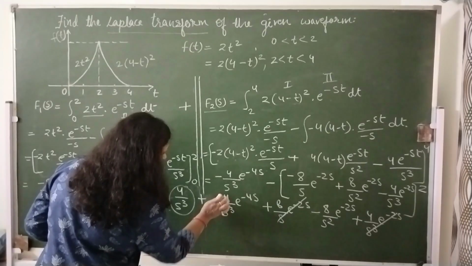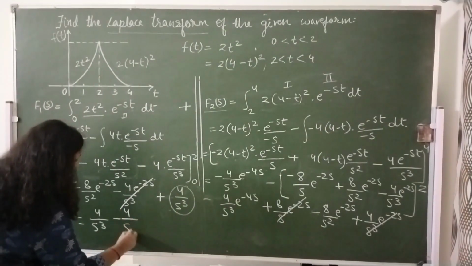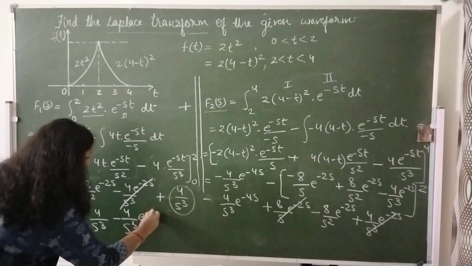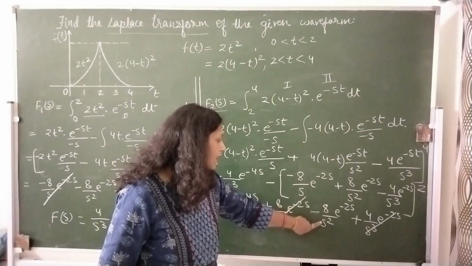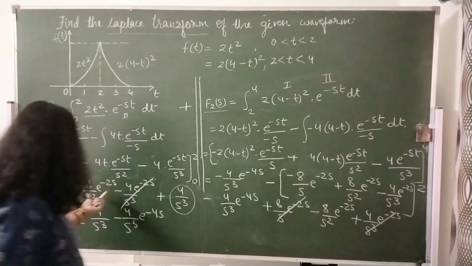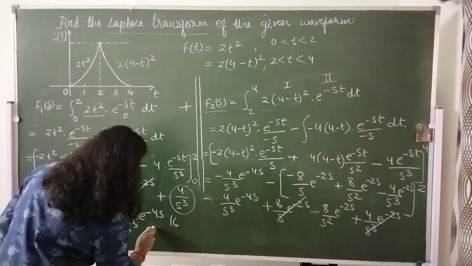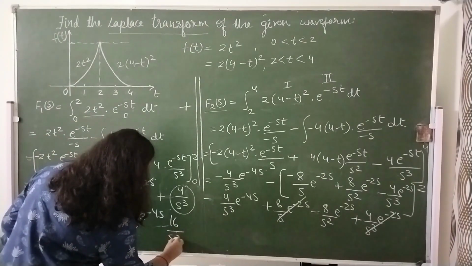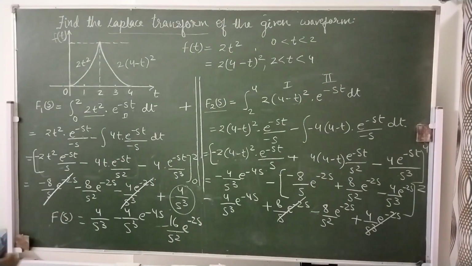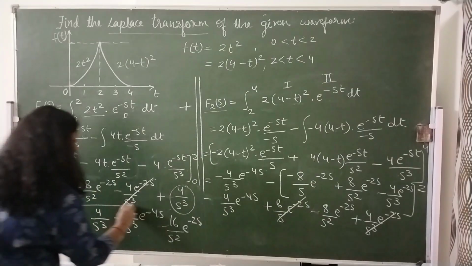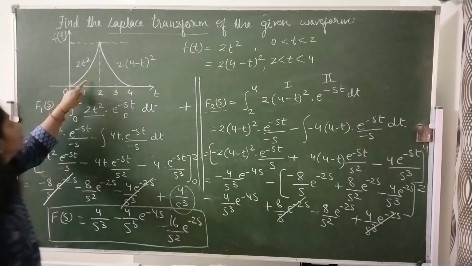This is the second term, having a negative sign, 4 by s cube e to the power minus 4s, and the third term is 8 by s square and 8 by s square, that is minus 16 by s square e to the power minus 2s. So this is the Laplace transform of this given function.